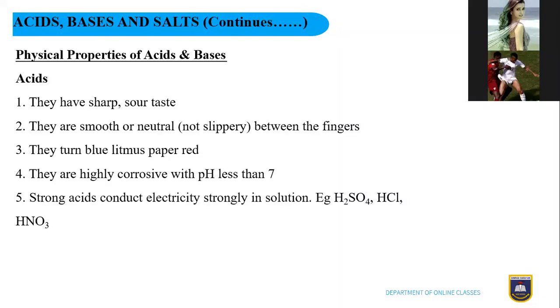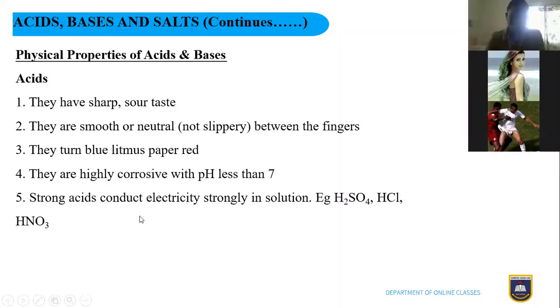If you dilute them, you reduce their concentration, not their strength. So their corrosive ability is reduced. Weak acids also corrode. All acids corrode, whether it's a weak acid or not.